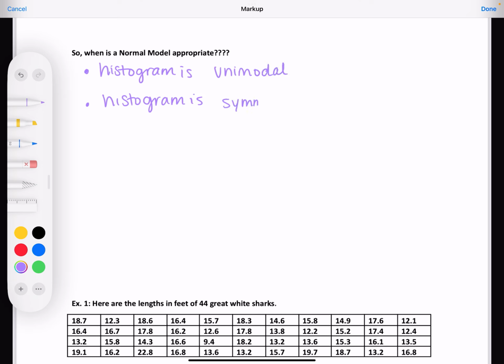Symmetric. And this one we haven't really seen yet, but when the normal probability plot is a straight line. Primarily be worried about the top two at the moment.